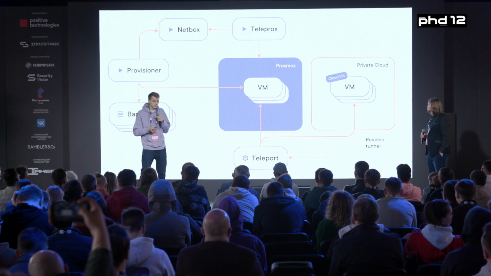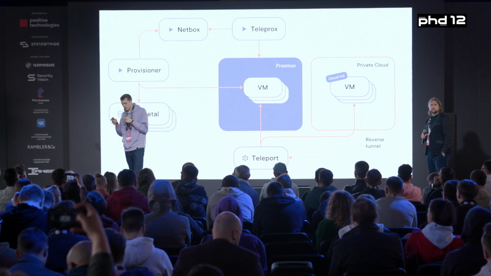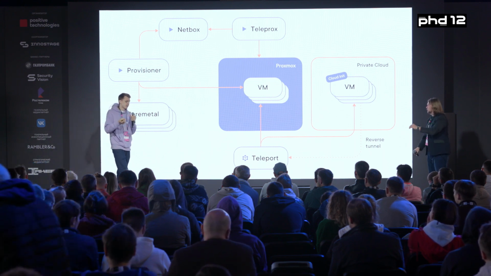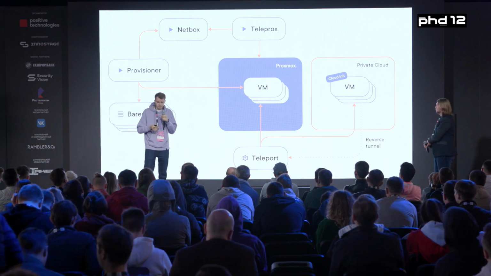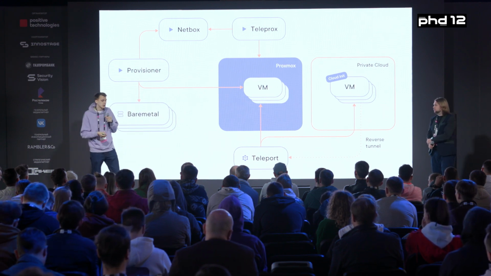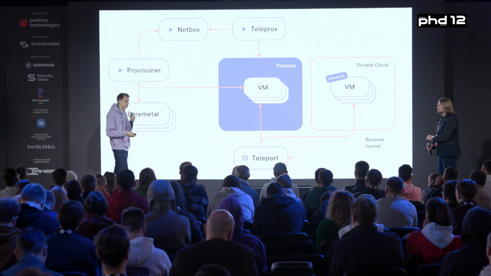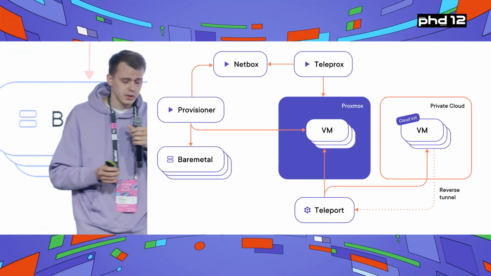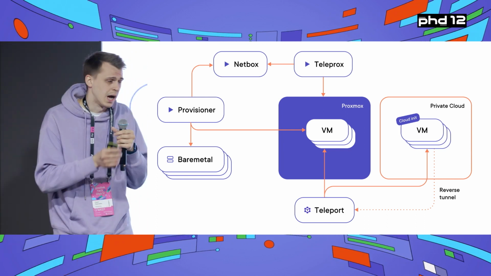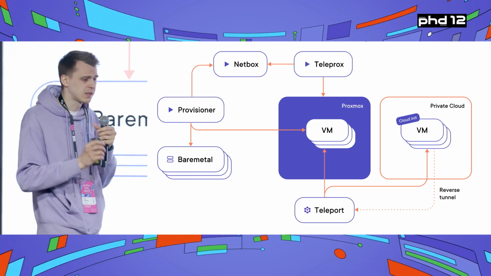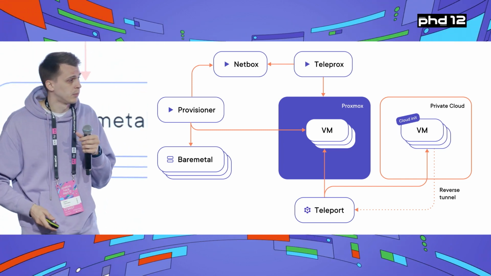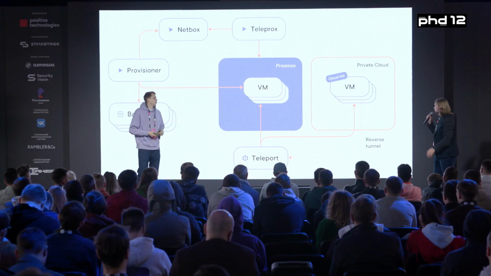For this, we developed the cloud-init daemon, which is launched with the startup of the virtual machine. It goes to the metadata service, takes the tags necessary, and attaches the tags to the Teleport agent. This way we know who the owner of the virtual machine is, and we know where it is launched, in which cloud project. That's why we needed this tag cloud.